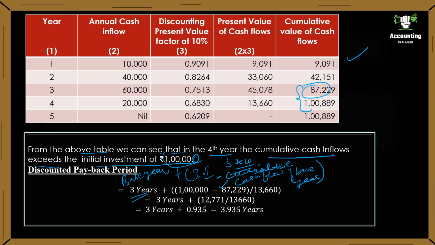The whole thing is divided by the base year's next year's annual cash inflow. The base year is the third year and the next year, the fourth year's cash inflow, is 13,660. So 3 years plus 12,771 divided by 13,660 is 3 years plus 0.935, which is 3.935 years, the discounted payback period.